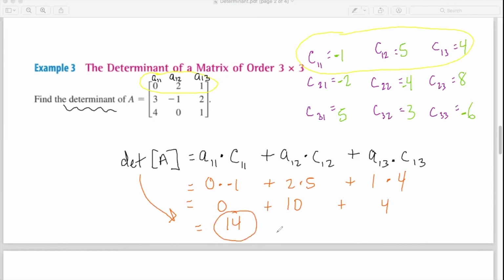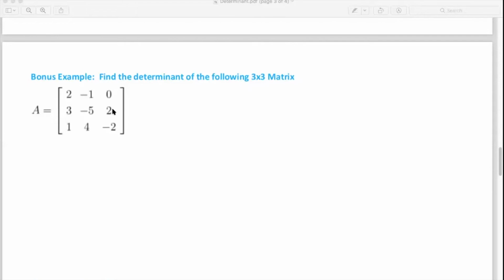Yeehaw! Okay. Well, this wasn't on my class notes, but let's throw in a bonus next. In this bonus example, we're going to look at finding the determinant of a different matrix A, a new matrix A, and this time, just for variety's sake, why don't we work on row 3?